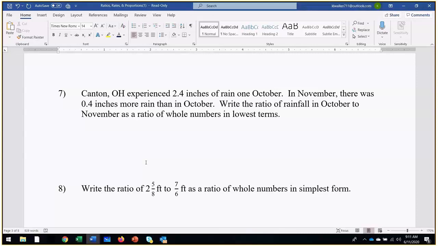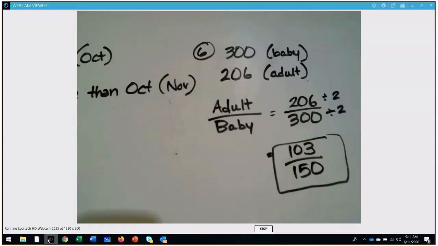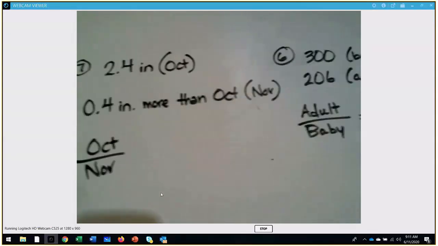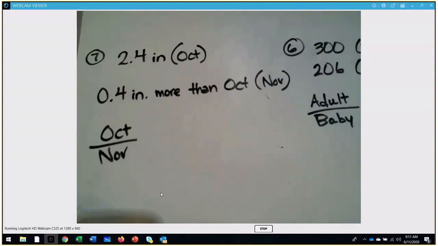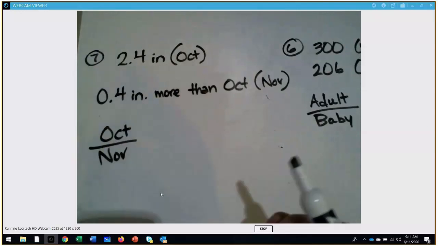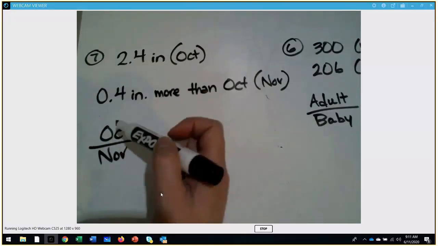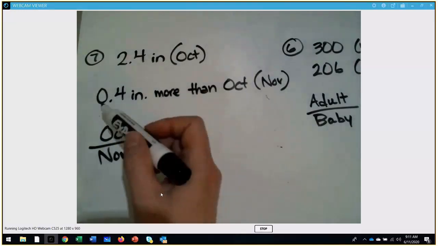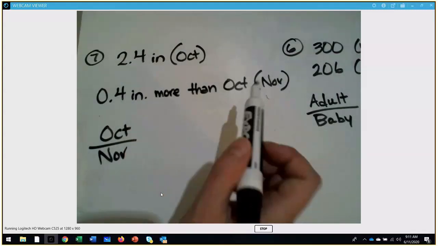And then they want the ratio of October to November. All right, this is everything they told us. There's 2.4 inches of rain in October, that's straightforward. And then in November, it says there's 0.4 inches more than October.